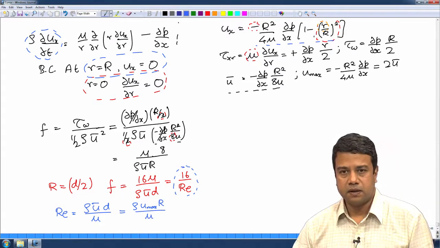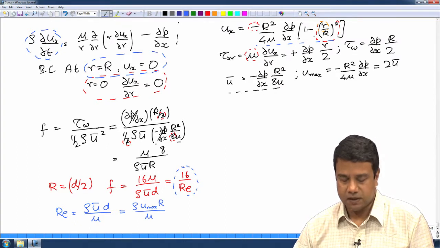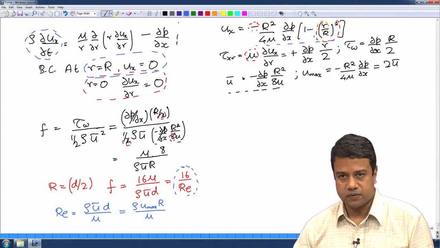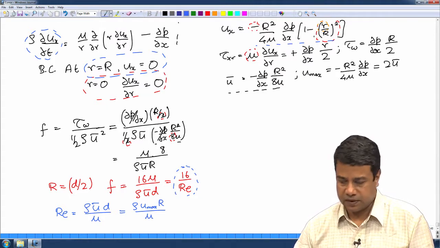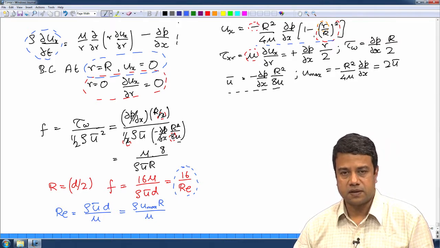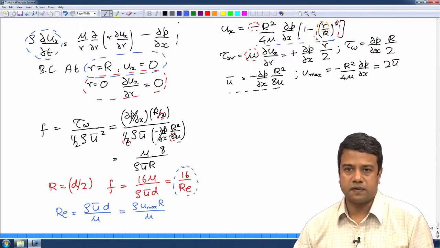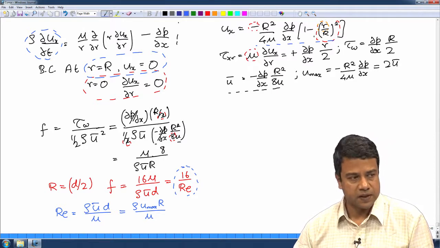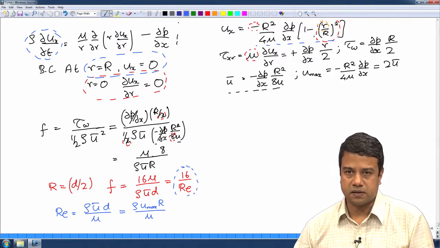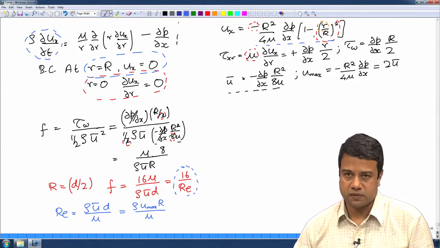For a pipe flow, these two definitions are the same, because the diameter is 2 times the radius, and the mean velocity is 1/2 of the maximum velocity. So, for the particular case of a pipe flow, these two definitions of the Reynolds number coincide. It does not happen for other geometries. In the case of the flow in a channel, for example, these two definitions will not in general coincide.